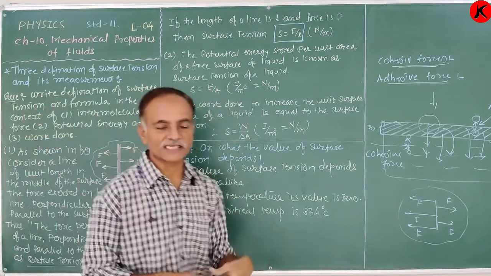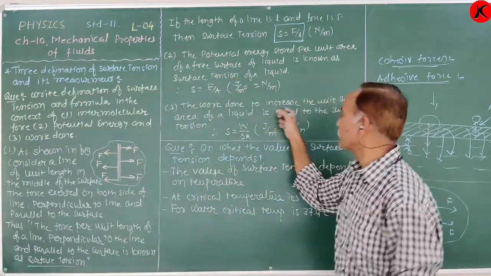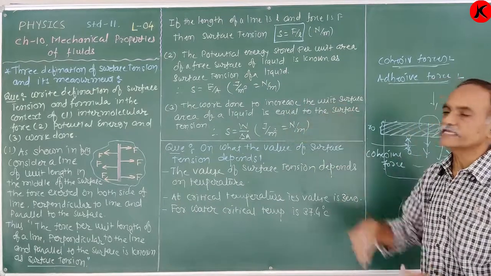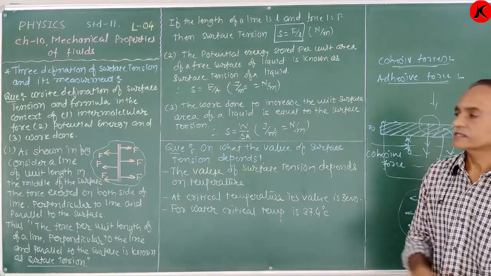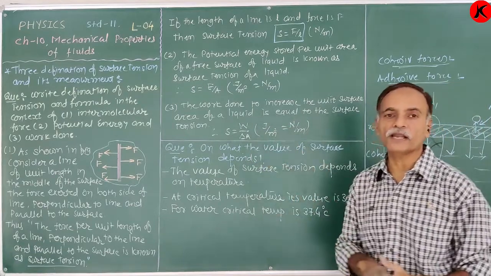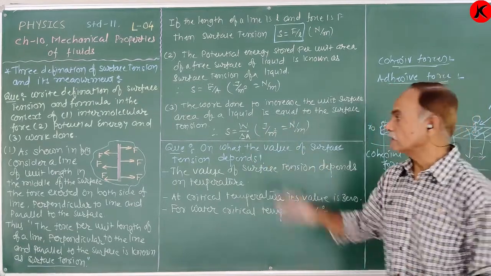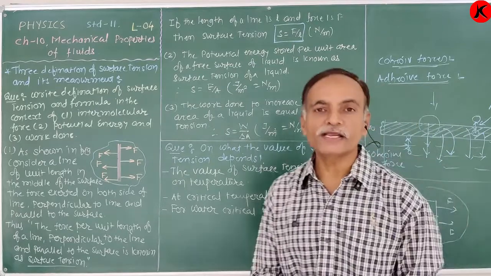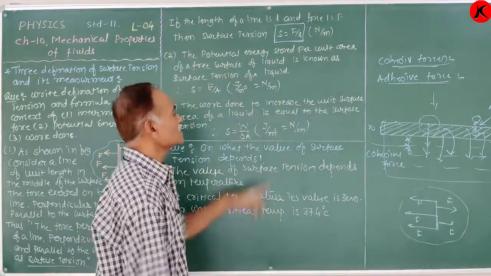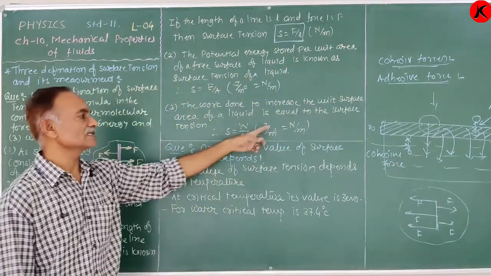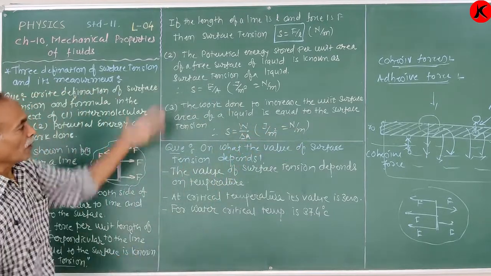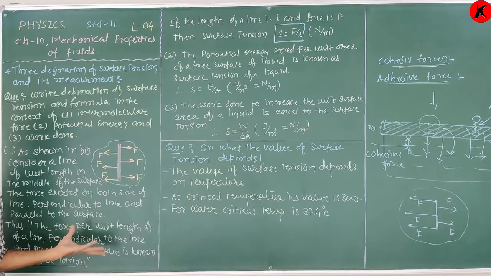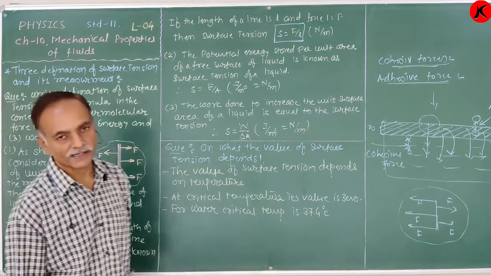Therefore, S is equal to W upon delta A. From this equation, the SI unit of surface tension is joule per meter squared, that is Newton per meter. Therefore, all three definitions of surface tension have the same SI unit, Newton per meter.